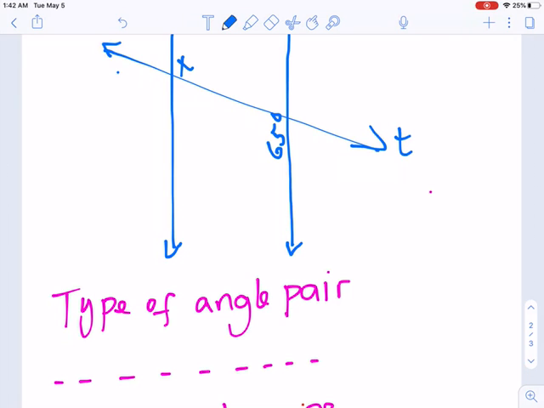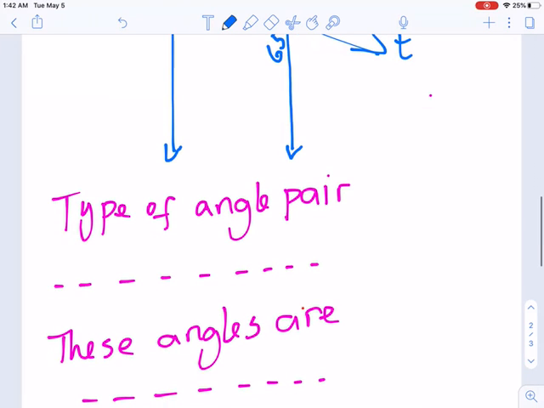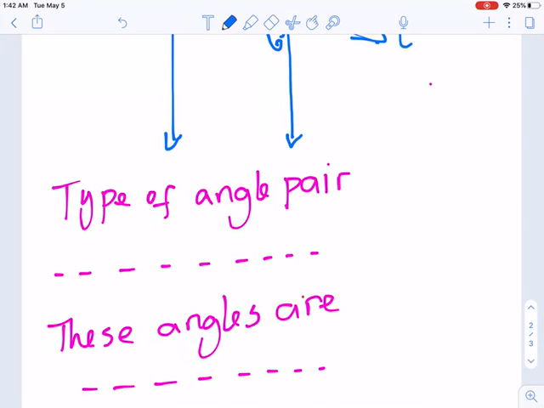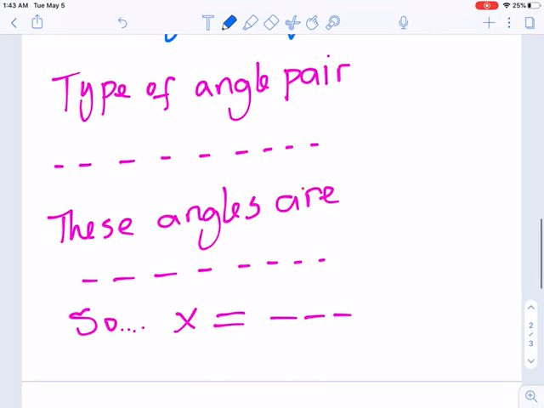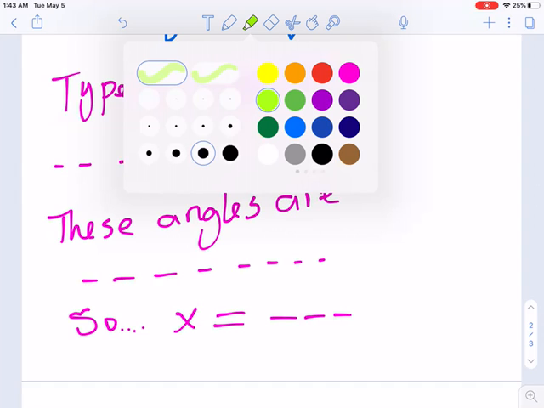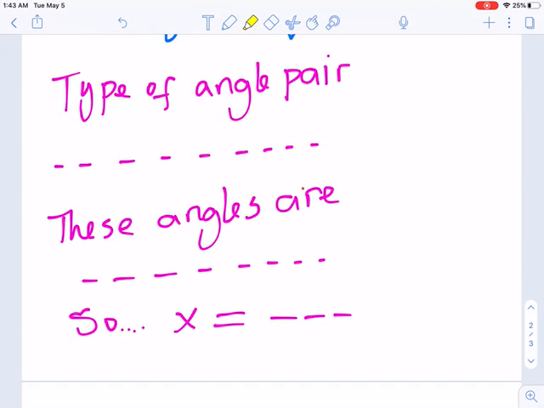Then after that, you're also going to tell me these angles are, so what is the relationship? Are they congruent or are they supplementary? And then lastly, you're going to tell me what X equals. Let me run down through this list again. The first thing I need you to tell me is the type of angle pair that is formed.